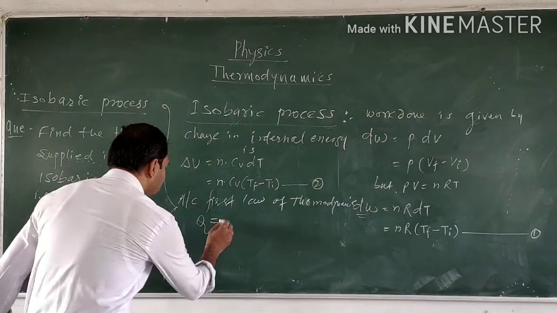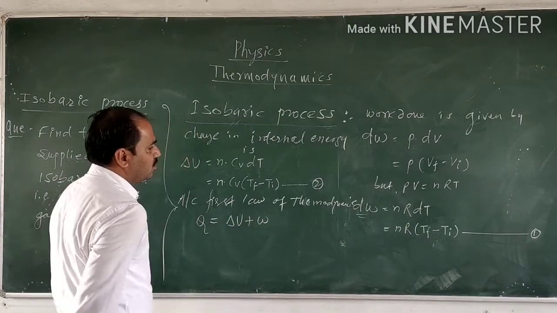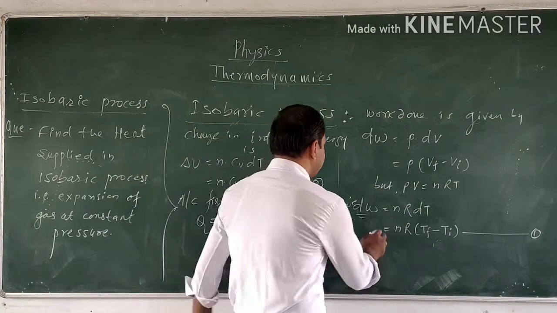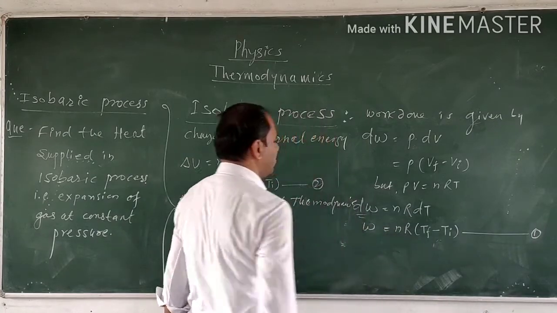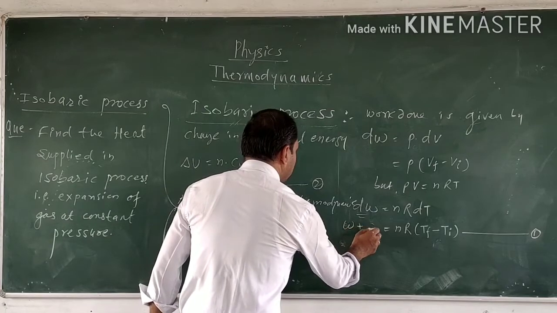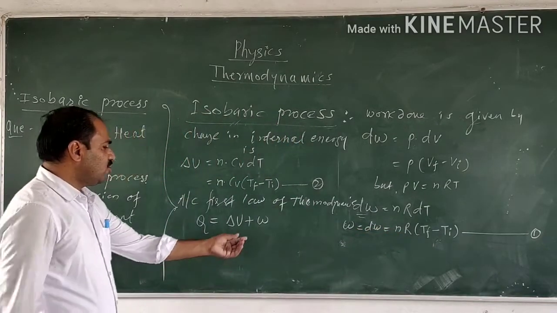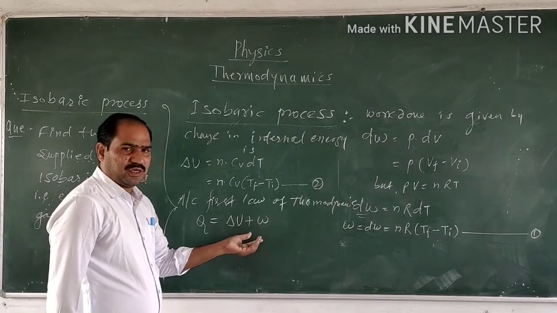So here Q is equal to delta U plus W. Here W is the whole work, so W is equal to dW, that is the work.